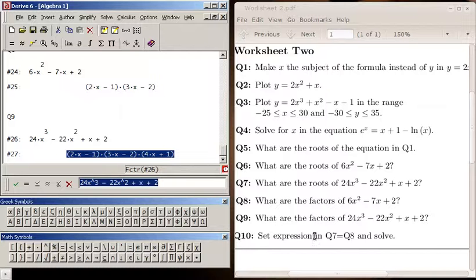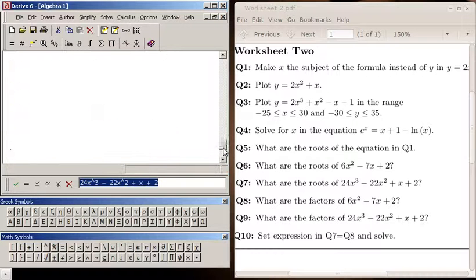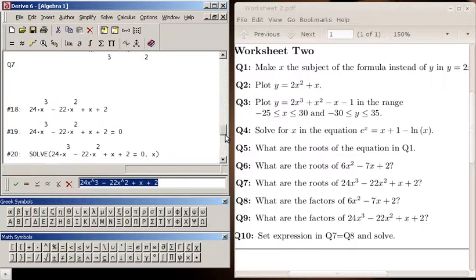Question 10, set the equation in 7 equal to 8 and solve. So, the equation in question 7, there it is there. 24x cubed minus 22x squared plus x plus 2. That's on line 18.